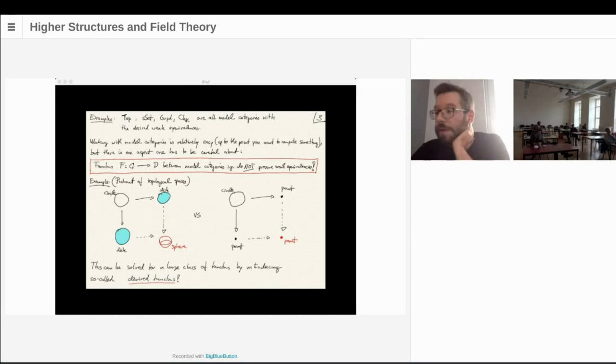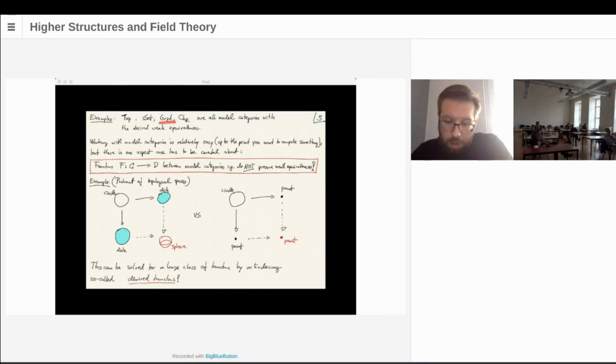So the examples are topological spaces with weak homotopy equivalences and suitable fibrations and cofibrations, which form a model category. Simplicial sets with weak homotopy equivalences and suitable fibrations and cofibrations. The fibrations there are the Kan fibrations you probably heard about.